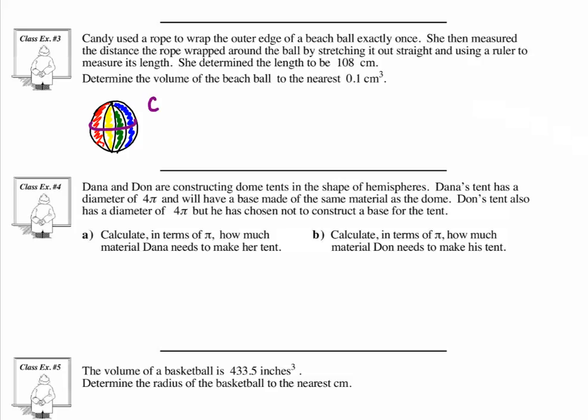Yes, it is your circumference. The rope is wrapping around the ball. That's our circumference. And she measures that distance around the ball to be 108. So the circumference is 108. Determine the volume to the nearest tenth.